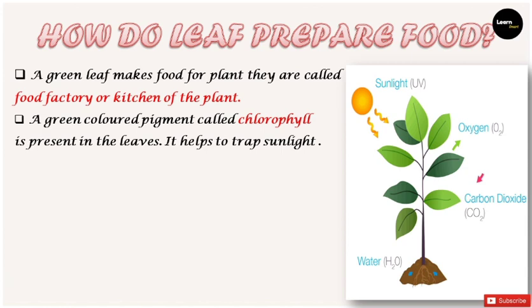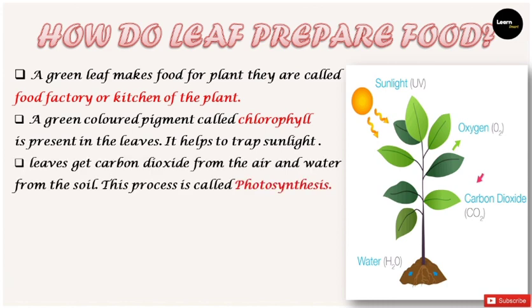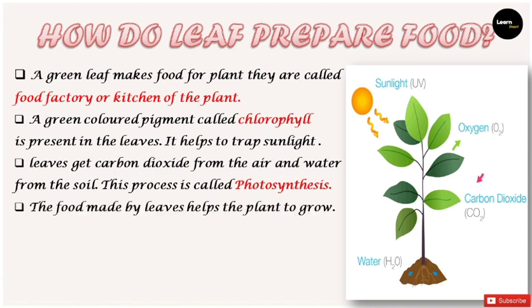It helps to trap sunlight. Leaves get carbon dioxide from the air and water from the soil. This process is called photosynthesis. See this picture: sunlight, oxygen, carbon dioxide and water.